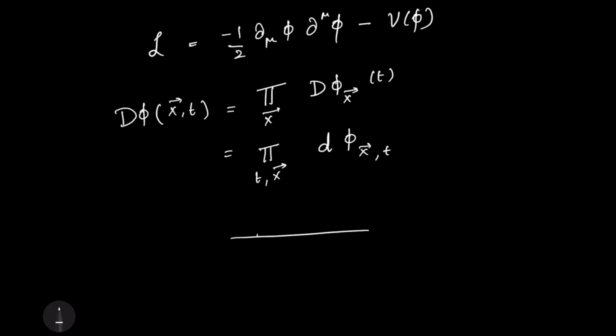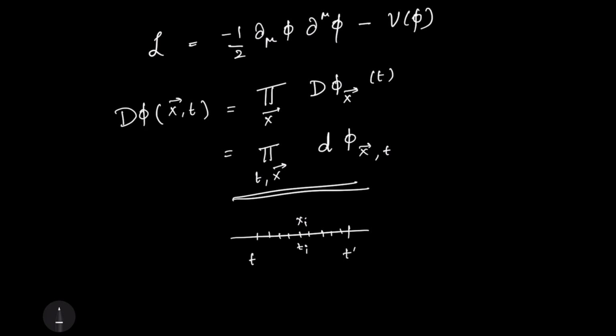Because if you divide the time integral between t and t prime into different segments, then corresponding to each segment ti, I also have xi. So other than this additional label x, the field theory path integral for a scalar field is essentially identical to that of quantum mechanics.